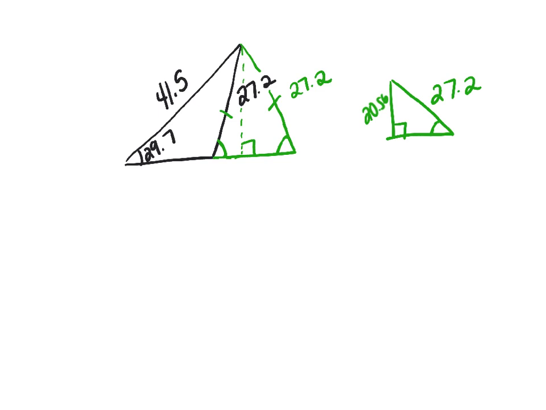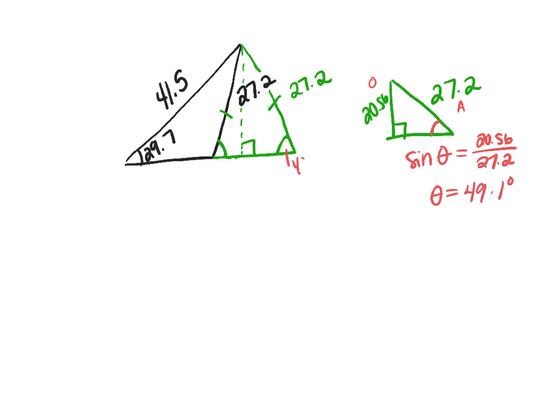So if we use SOHCAHTOA, here's our reference angle. We have an opposite and an adjacent. So sine of this angle theta equals 20.56 over 27.2. Take the inverse sine in order to find the measure of that angle, which is 49.1 degrees.